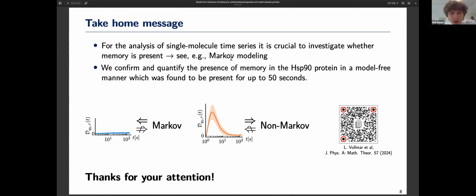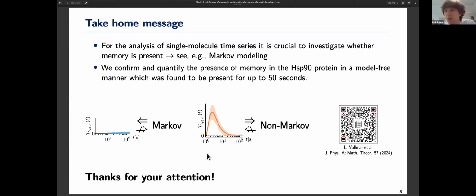In the specific example of the heat shock protein HSP90, we could confirm and quantify memory, which was found to be present for up to 50 seconds, which you can argue for a single protein could be quite some time.